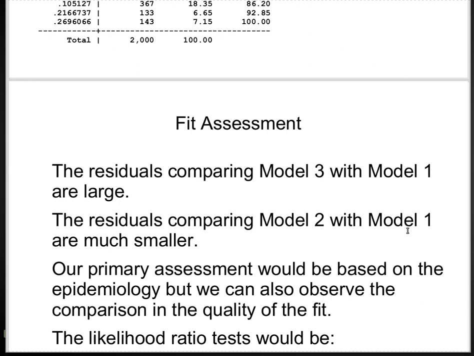That could be done, but its interpretation would not be addressing confounding here. Remember, confounding is about addressing whether or not regression coefficients change with the presence or absence of terms. Okay, the likelihood ratio test would be comparing the quality of the fit here, comparing model 2 with model 3, and not per se what we're interested in addressing here.